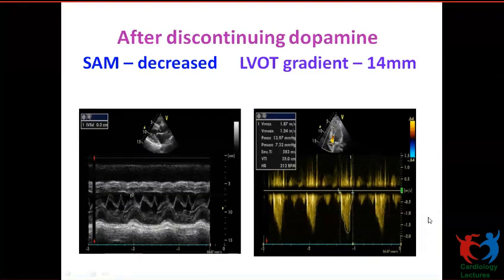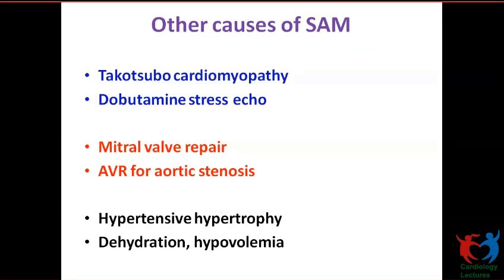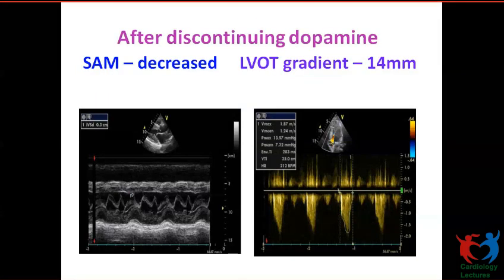So whenever you are asked about mechanical complications of MI, it can be a theory question also, all these will be included. So what are the other causes for SAM? Acute LVOT obstruction. Where all you get acute LVOT obstruction? Cardiomyopathy, post MV repair, dehydration.